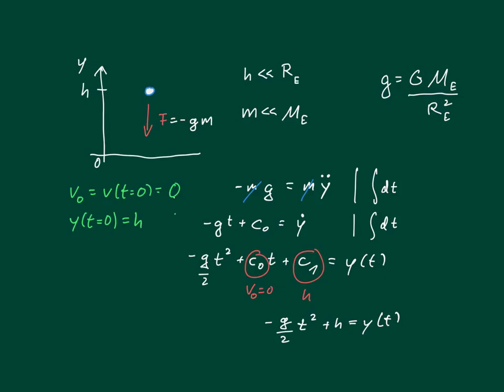which is this one, and this allows us now to find easily the falling time, which is given by the equation where the coordinate reaches y equals 0. This gives us now the falling time t0, which is the square root of twice the height divided by g.